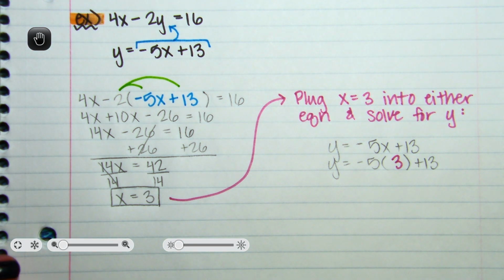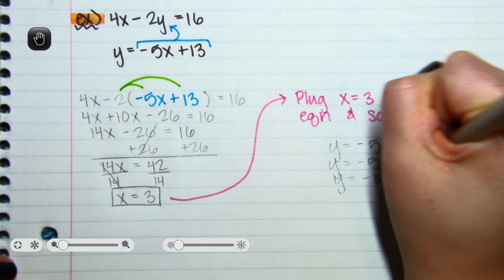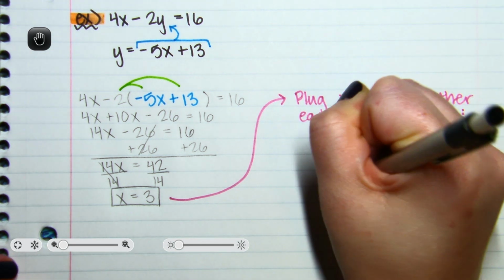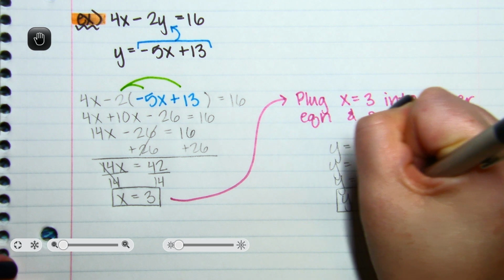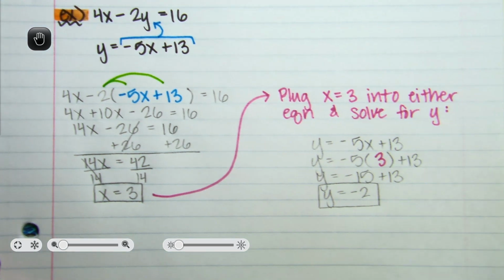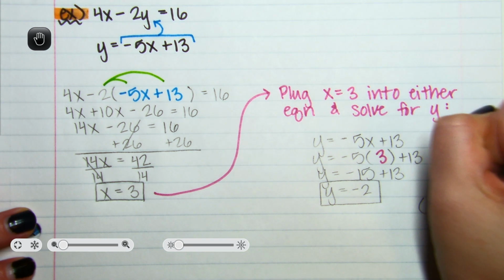And then finish simplifying this. So y equals -15 plus 13. So y equals -2. Now that I have my x and my y value, I write my final answer as a coordinate point, which will be 3, -2.